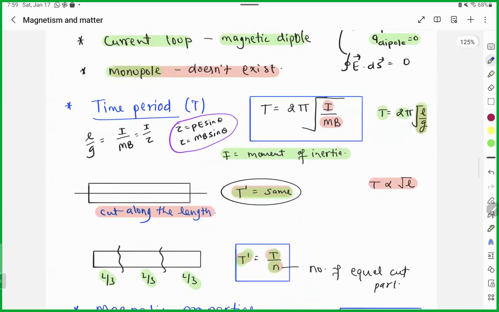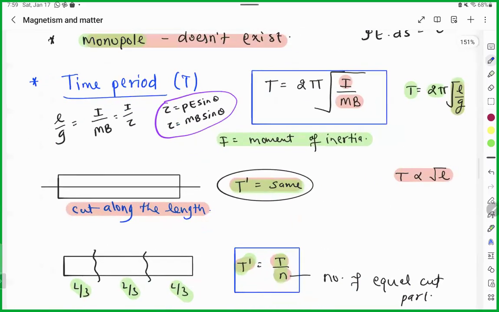The time period thing. After completion of the diamagnetic and paramagnetic part, I will give you 10 minutes to revise. Then we'll start questions.